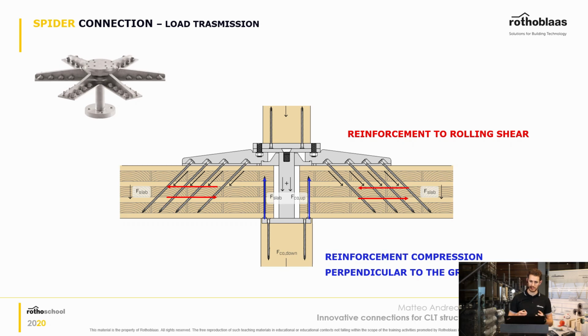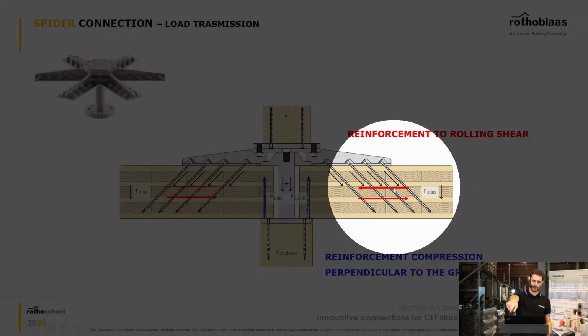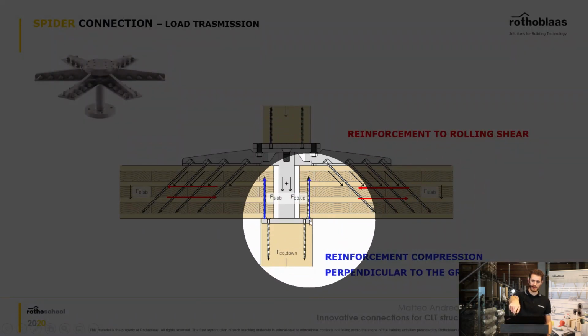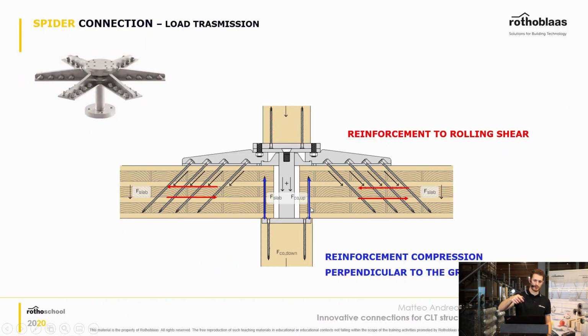Of course, in a situation like this, one of the biggest failure modes that you can have is rolling shear. And you have another reinforcement, these other screws here, which are there to reinforce the compression perpendicular to the grain.